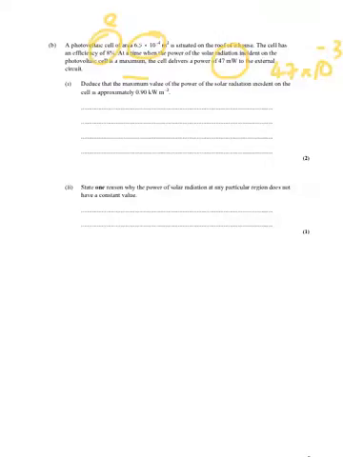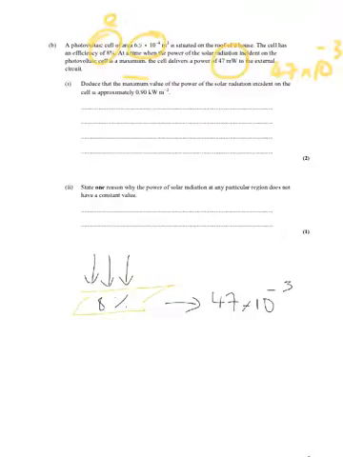So basically what it's saying is that your solar cell is giving off 47 times 10 to the minus 3. It's only 8% efficient. So how much is it receiving? And it's a simple efficiency question because you have your energy out and you need to work out your energy in.